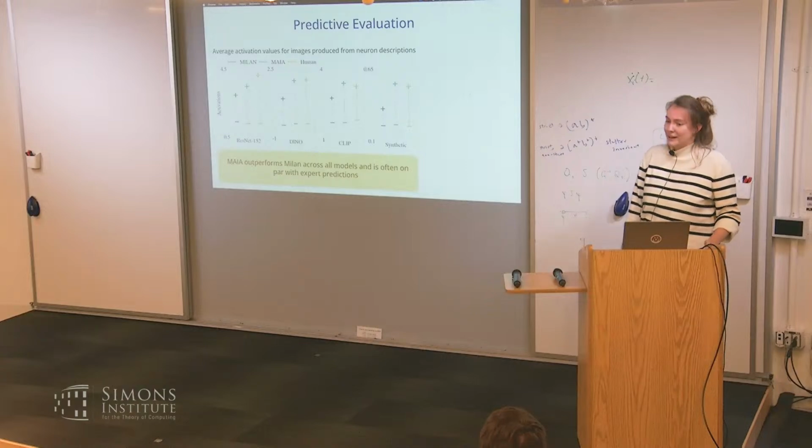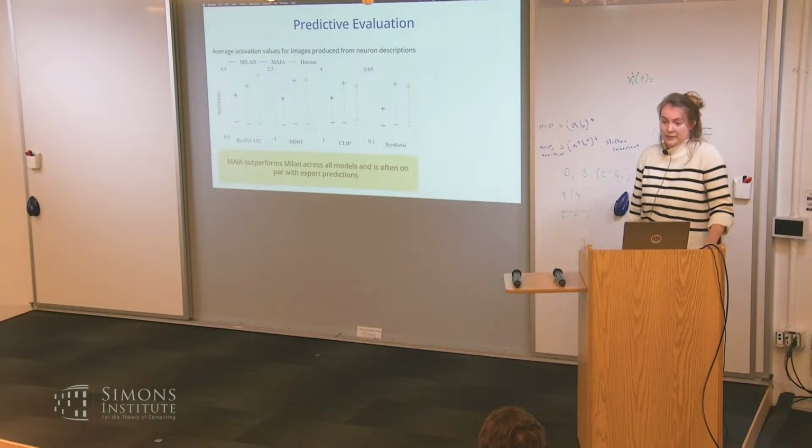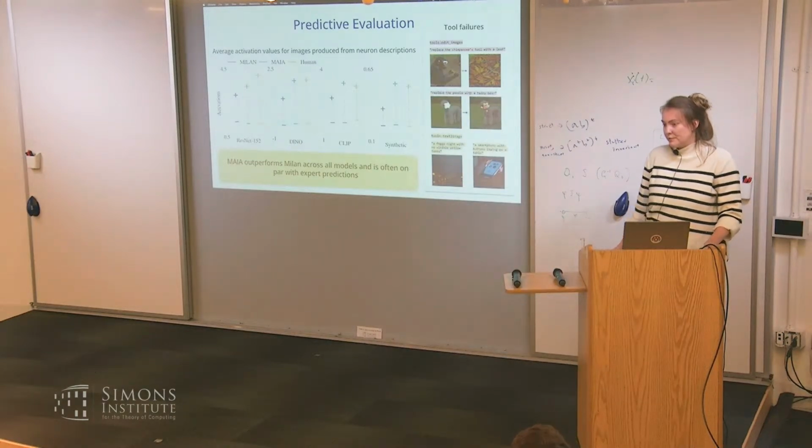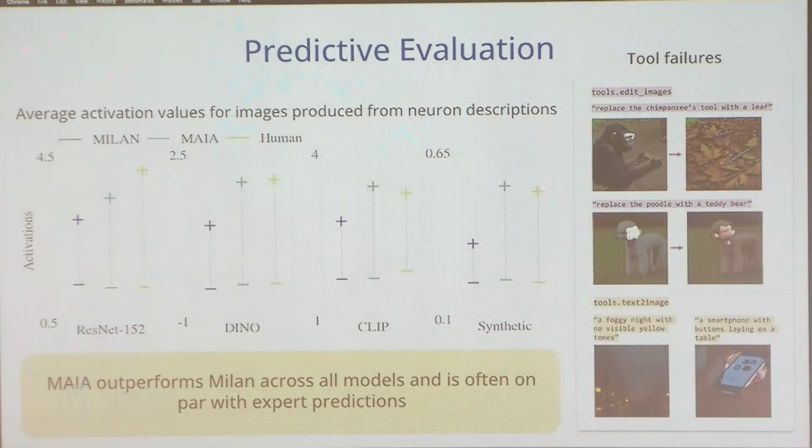Another thing that happens sometimes is that the Maya system itself fails to generate experimental data that can adequately test its hypotheses. So you see some examples of tool failures here. I don't know if you can see the prompts, the resolution of the screen in person. But sometimes Stable Diffusion fails to correctly generate images from prompts, so it's hard to even get signal from the system we're measuring.